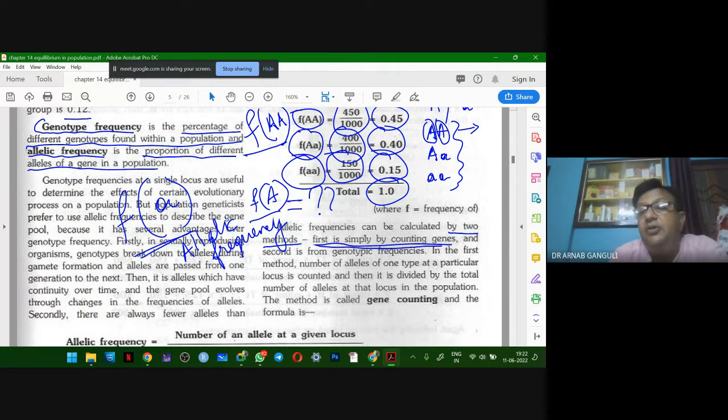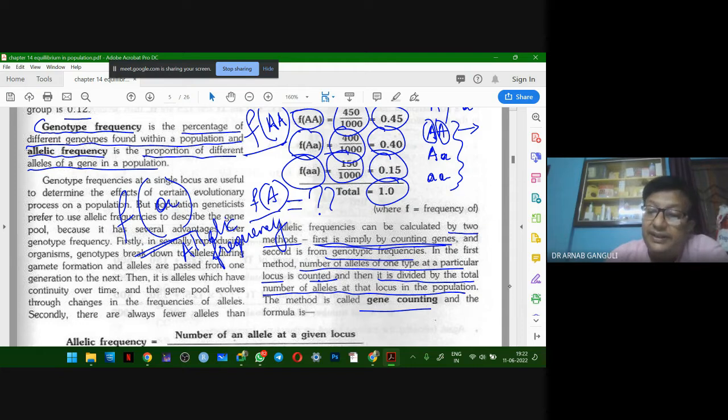First is simply by counting the genes, and the second is from genotypic frequency. So in the first method, the number of alleles of one type at a particular locus is counted, and then it is divided by the total number of alleles at that locus in the population. This method is called gene counting.